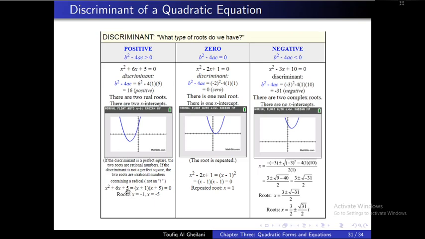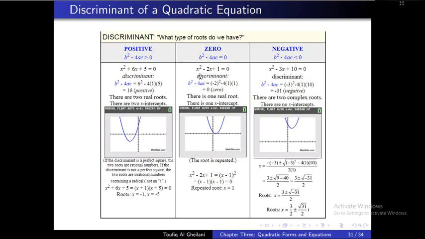Then I ask myself, what are the two numbers that when I multiply together will give me 5, and when I sum will give me 6. 1 times 5 will give me 5, and the sum gives me 6. So I'll put 5 here or 1 here. The order is not important. So we have x plus 1 and x plus 5. So we have the two real roots.